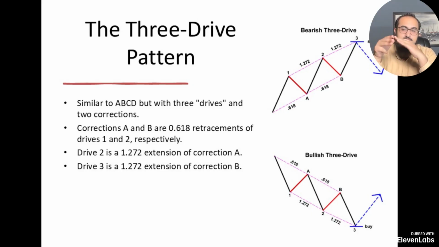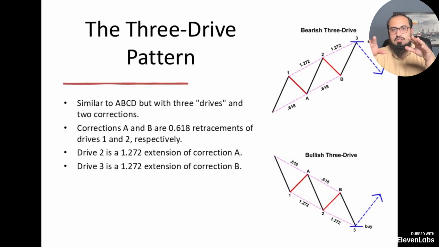So as you can see, after drive 1, the correction A is formed, and drive 2 will always be a 1.272 extension of the A level. We will derive the 1.272 level from A, and drive 2 should always reach it. Similarly, after the correction B, the third drive should also reach the 1.272 Fibonacci level.